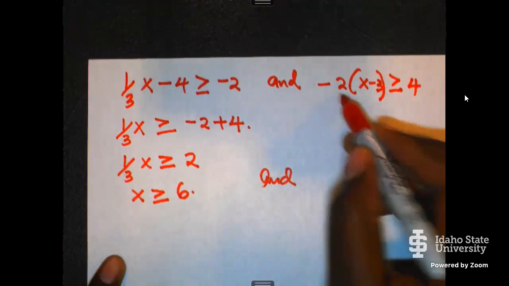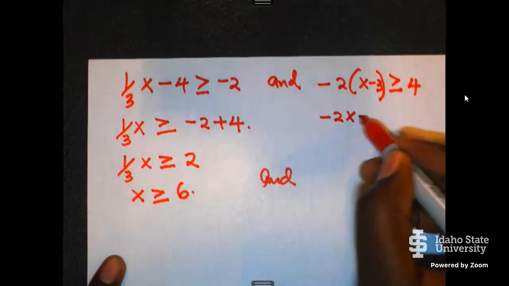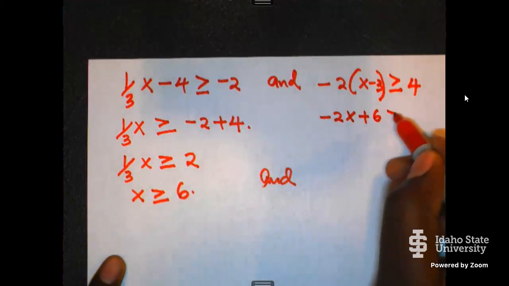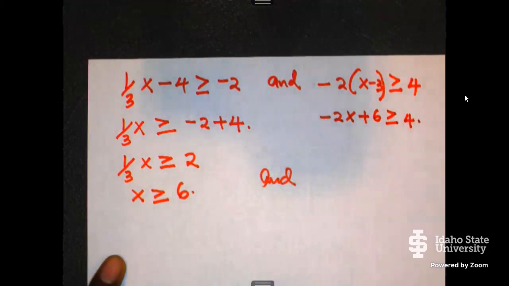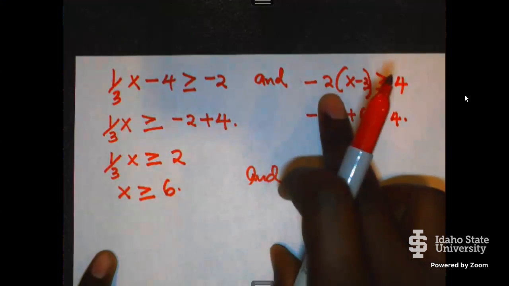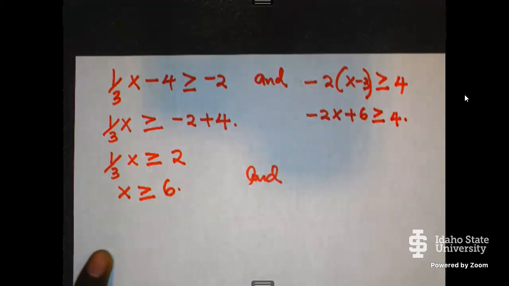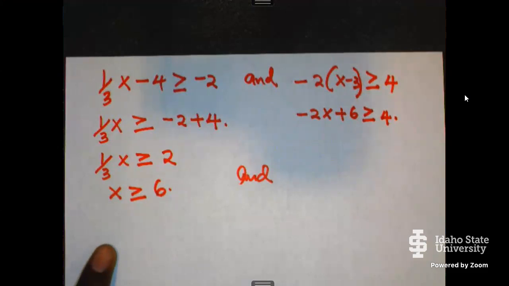and this section, so we can open this bracket. So minus 2x plus 6 greater or equals to what? 4. Okay, so make sure you check that sign there. So when you open that bracket, then it will be minus 2x plus 6 greater or equals to 4.